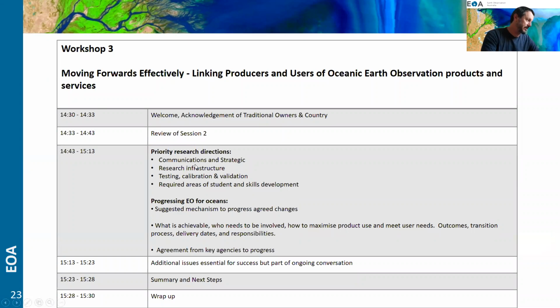So there's priority research directions, and then progressing this for oceanic areas.